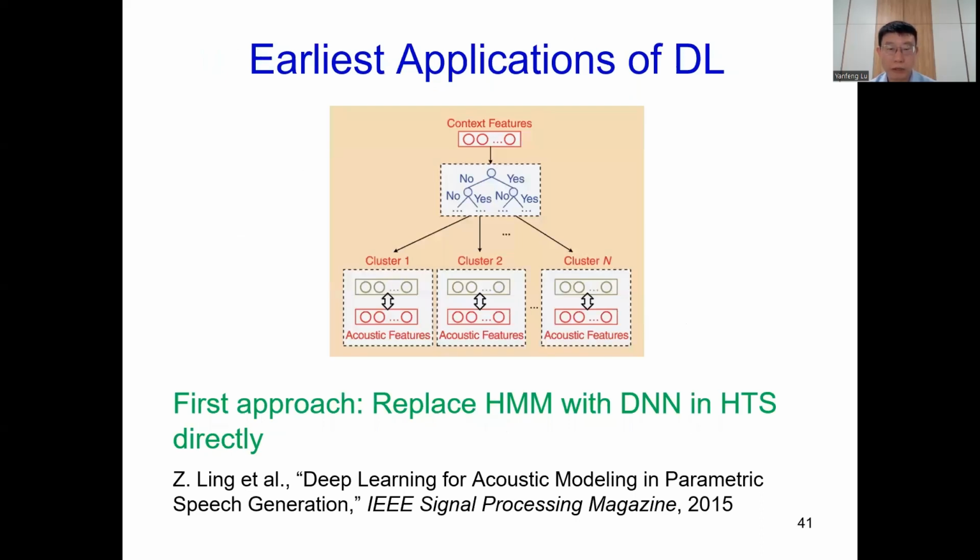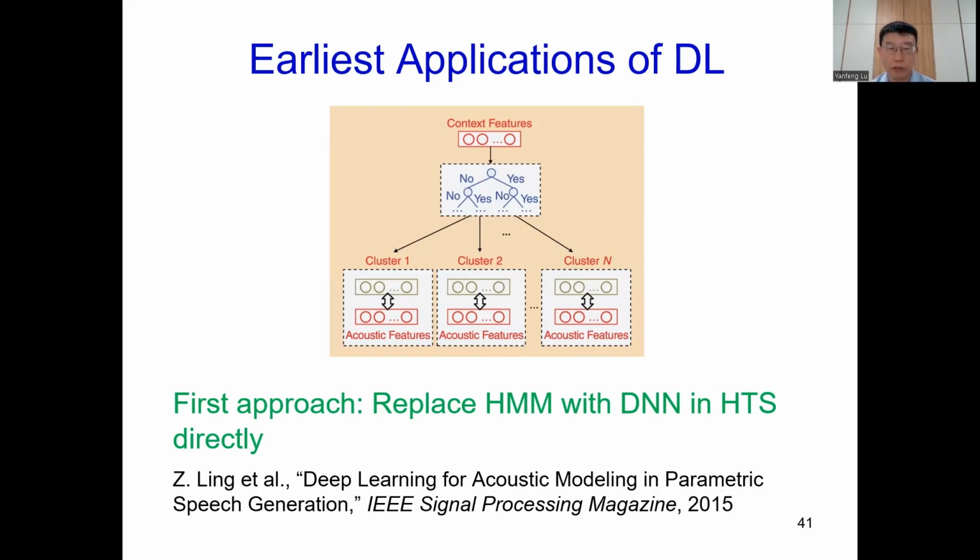In applying deep neural network technology to TTS, there are also different phases of development. At the very beginning, people were based on the traditional HTS system. They were just trying to replace a tiny part of that traditional system.